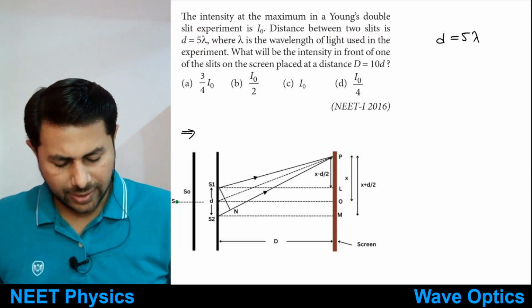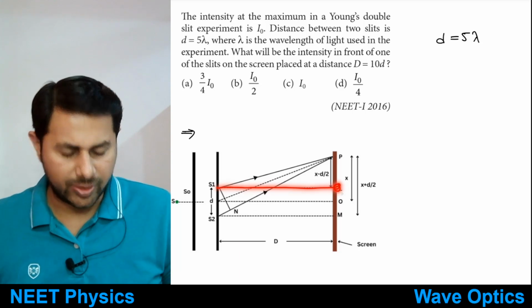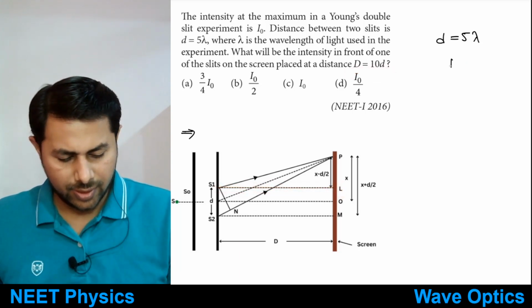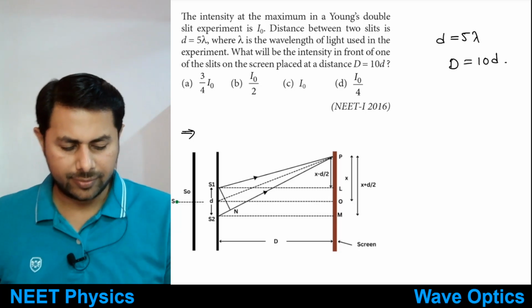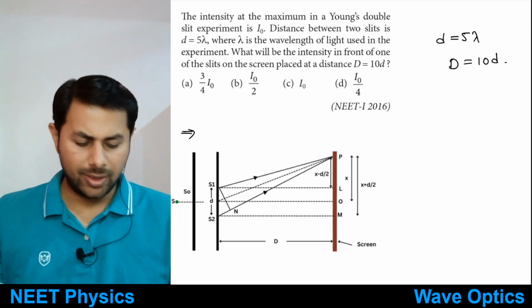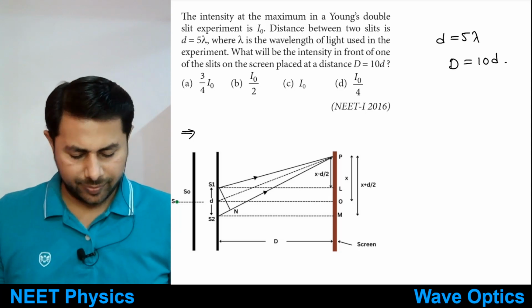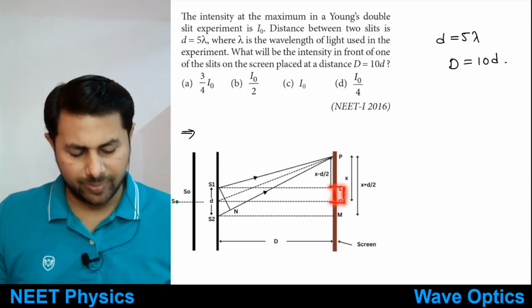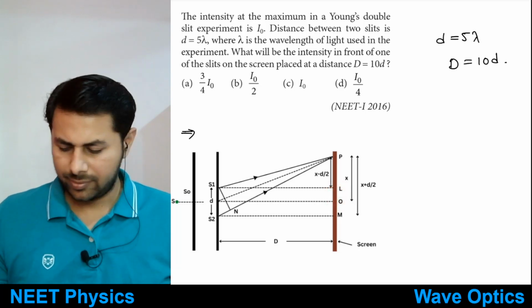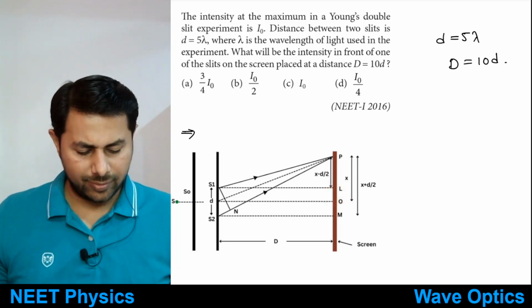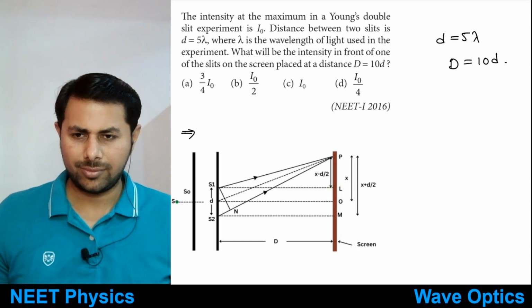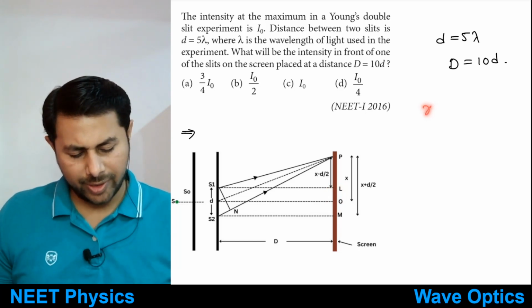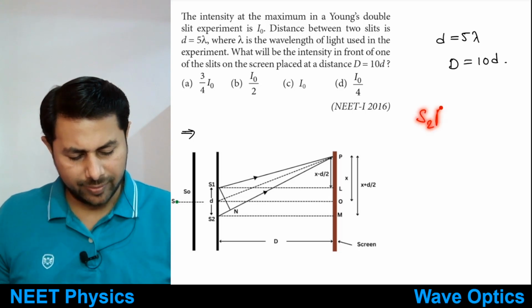So we want intensity in front of one of the slits, if D is equal to 10d. Okay, so let's find out what would be the path difference over there. So what's the formula for the path difference? S2P minus S1P.